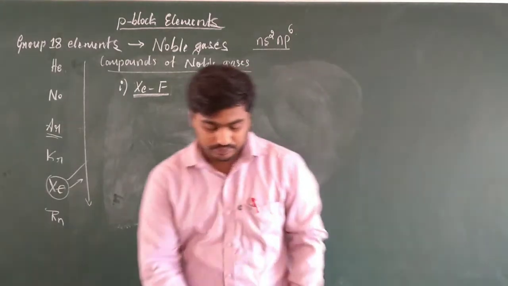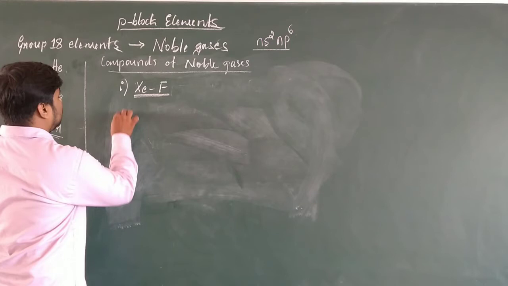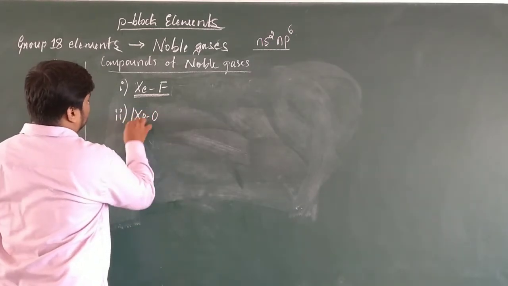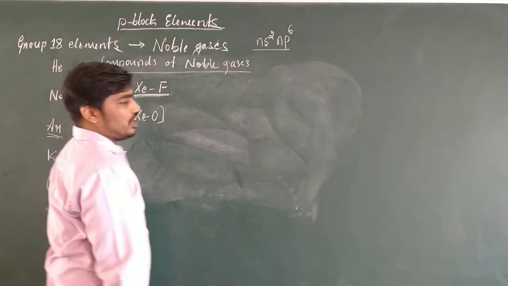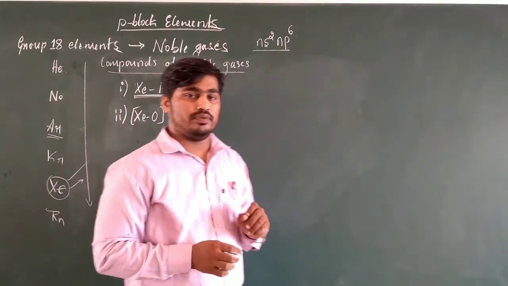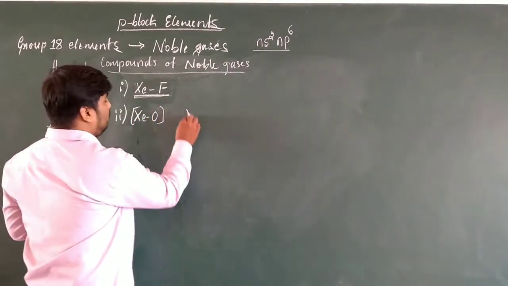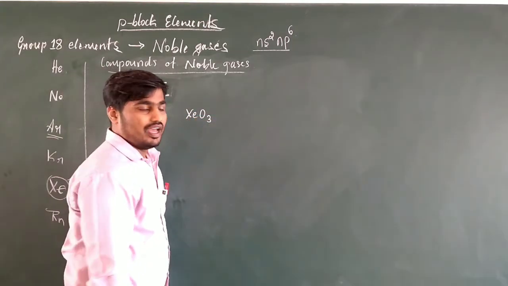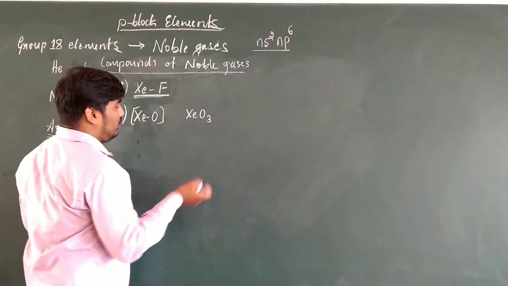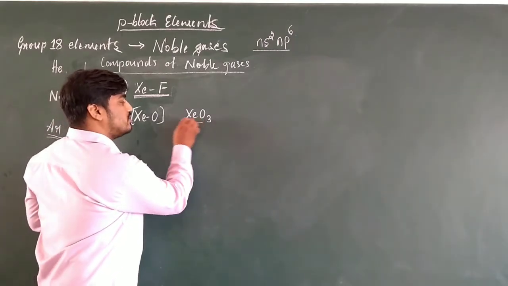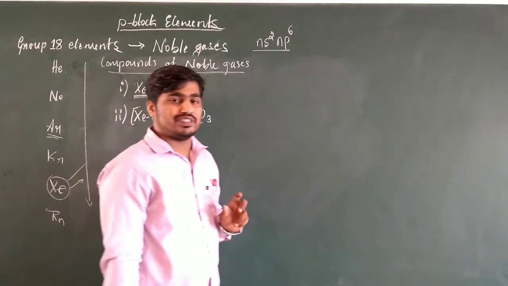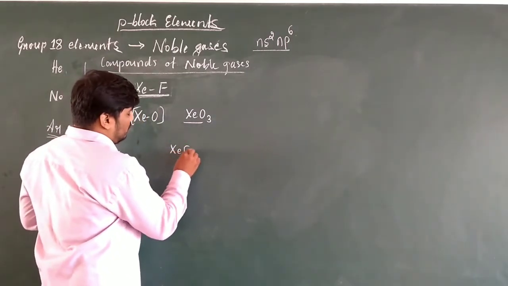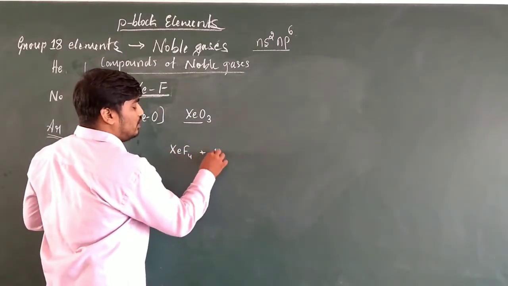Next, the second compound is xenon oxygen. There is one very important compound, xenon trioxide. Then how to obtain this, or what is the method of preparation of xenon trioxide?